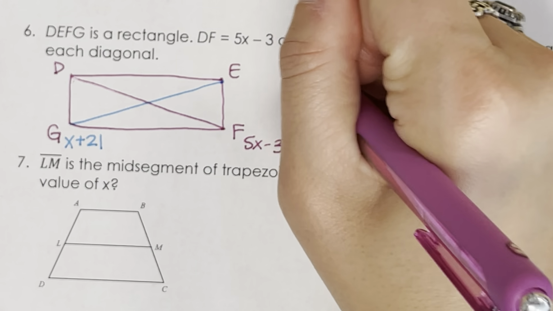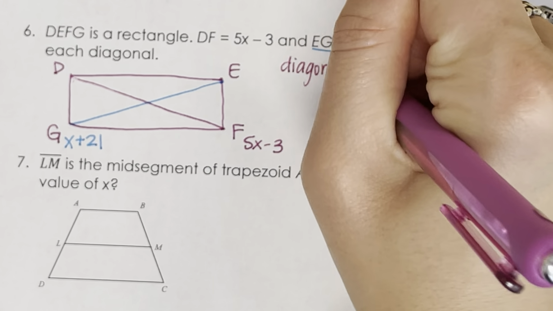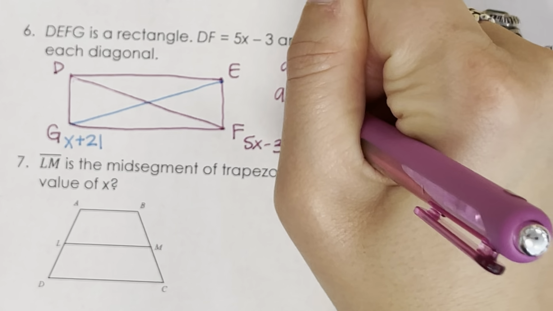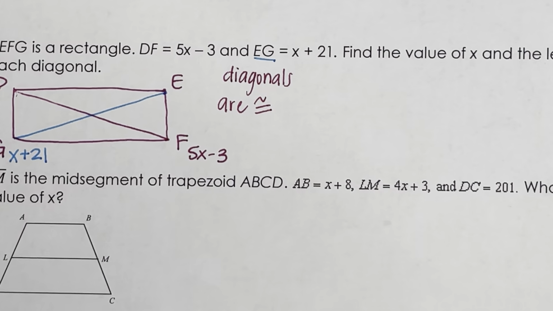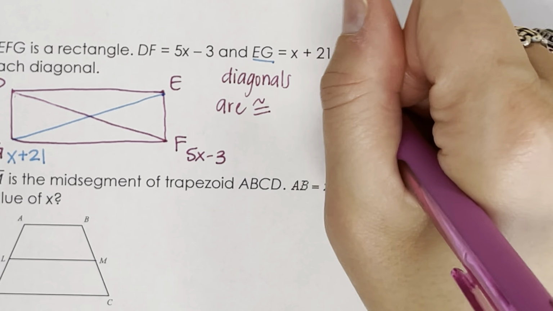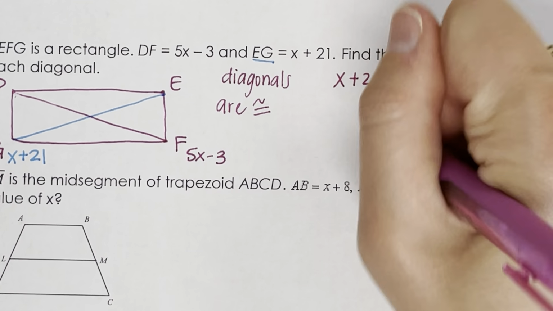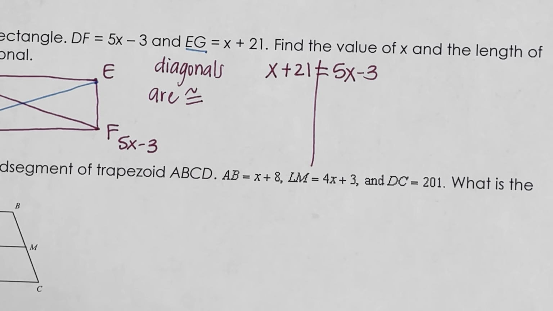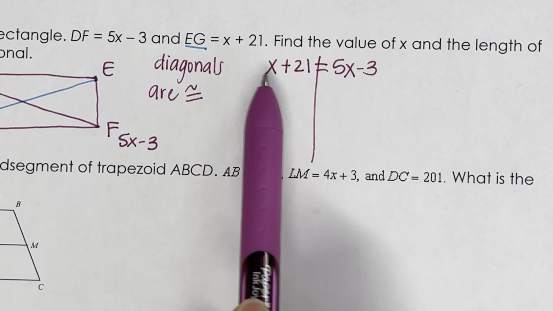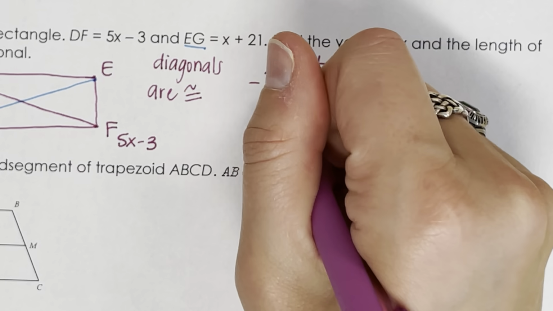So all I'm going to do is take my two equations and set them equal. So my diagonals are congruent. All right, so I'm just going to take the two equations, set them equal. x plus 21 equals 5x minus 3. Then it's quick algebra. So I want to get all my x's together, so I'm going to take this one x by itself and subtract it.